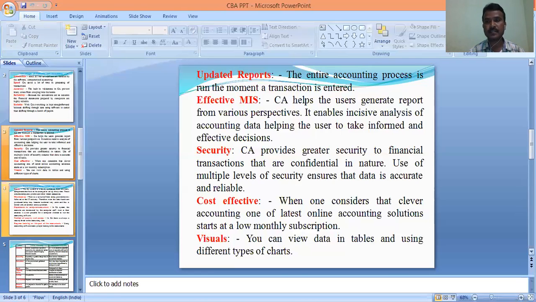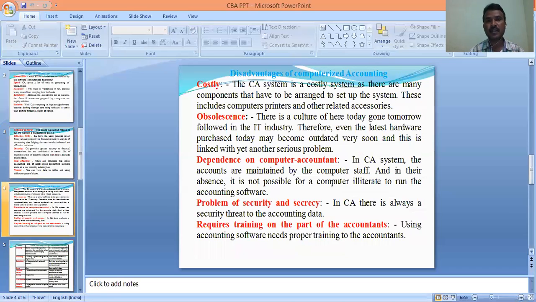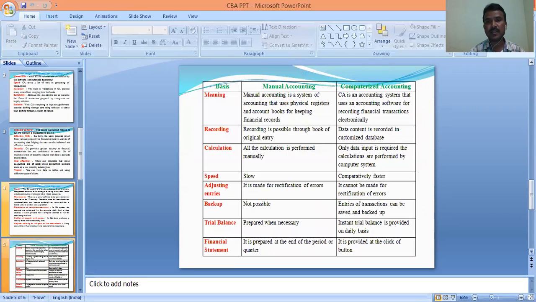Okay, and next heading, disadvantages: costly, obsolescence, dependency on computer, accountant, problems of security and secrecy, and requires training on the part of accountants. So these are the topics we discussed today.